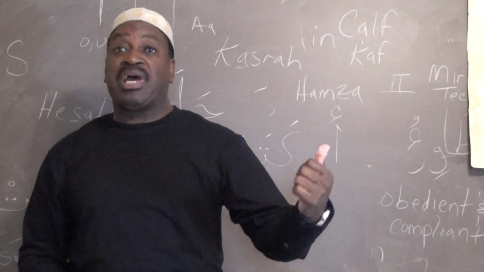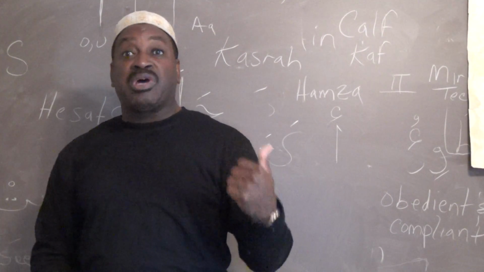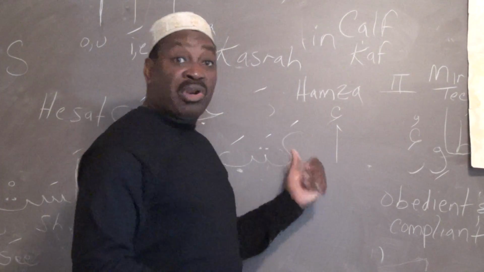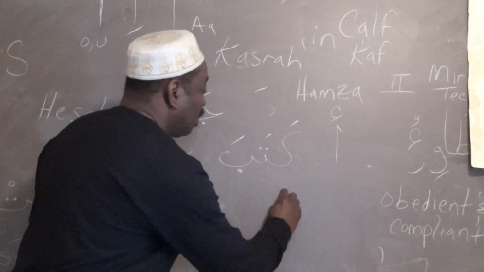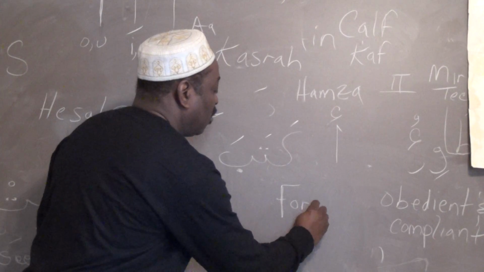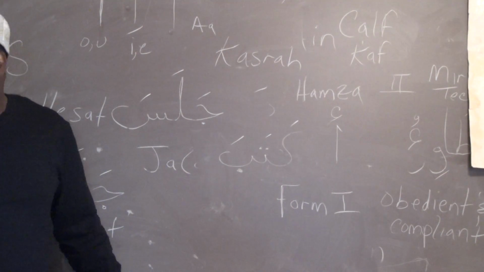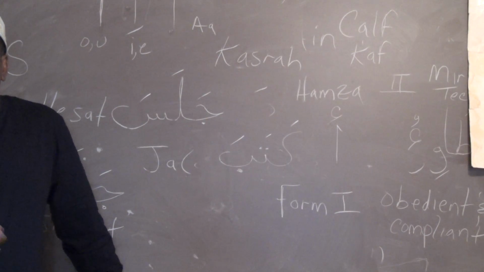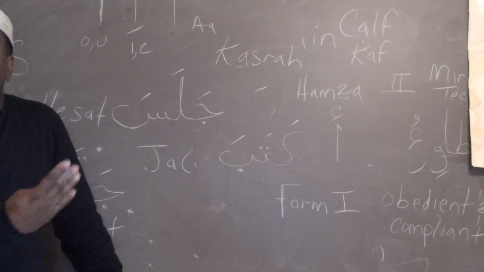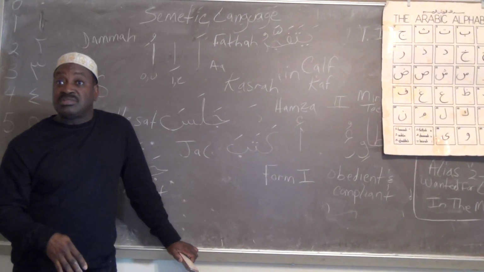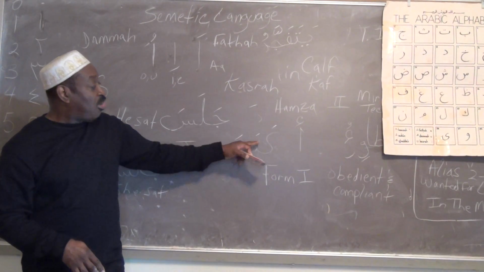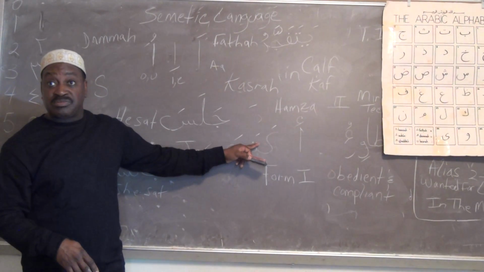But now we're talking about the basic root word, and this is what we call a form 1. I'll explain it to you later. Form 1 verb, because a form 1 verb has certain characteristics, which is what we're talking about now. Okay? So it's a strong verb also.